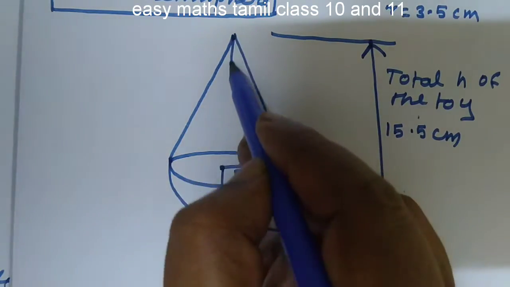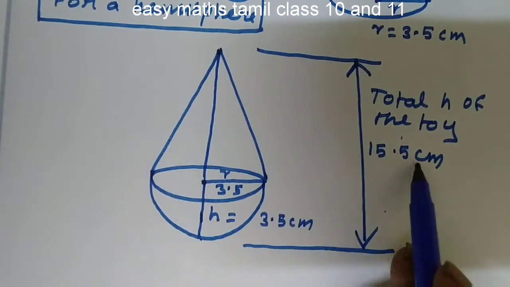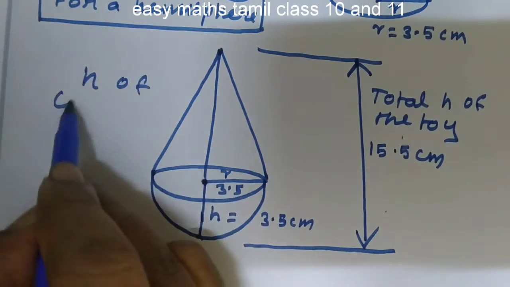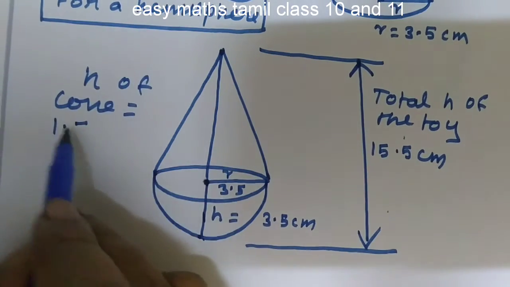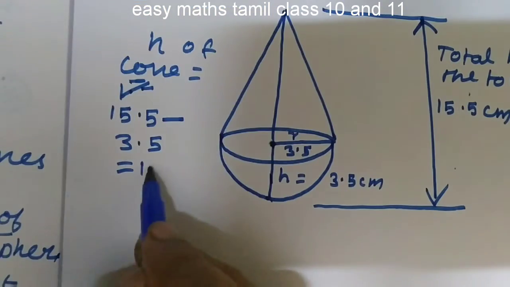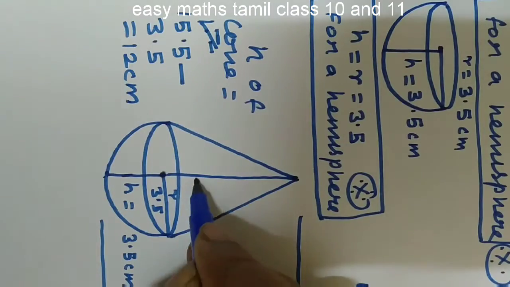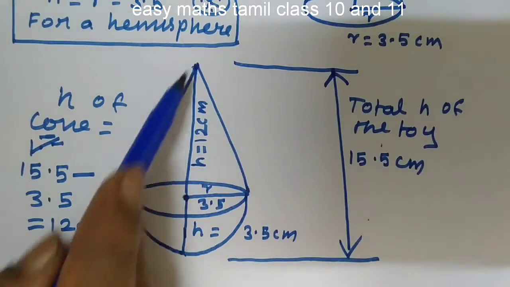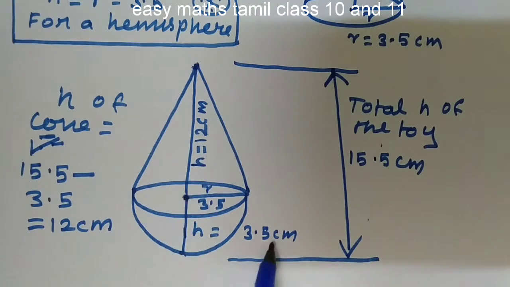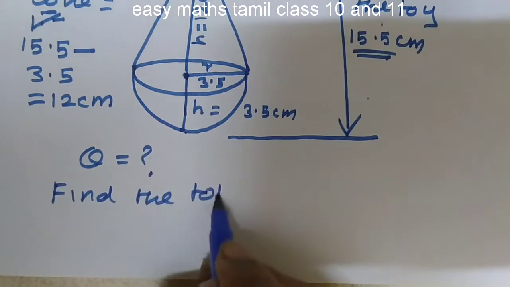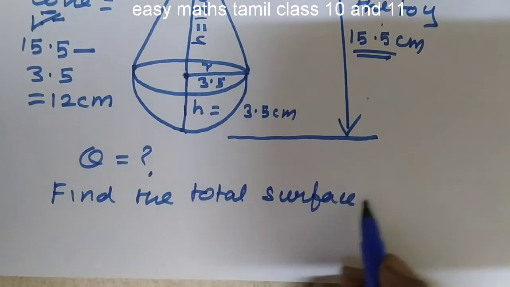Subtract the height of the hemisphere from 15.5. Height of the cone equal to 15.5 minus 3.5, 12 cm. Total height minus height of the hemisphere 3.5 is height of the cone.